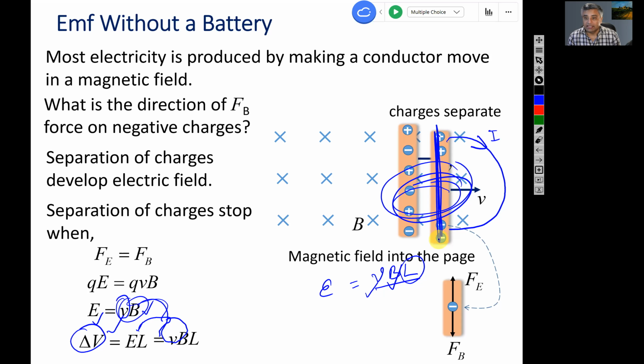That is the same as the separation of the charges. If this is how long the conductor is, all positives are piled up here and all negatives are piled up here. So the separation distance between them is approximately the same as the length. That's the vBL. I think you can find that in the formula sheet.